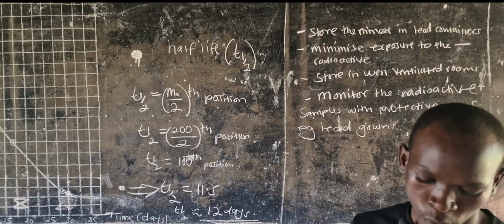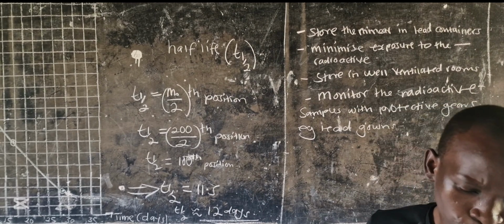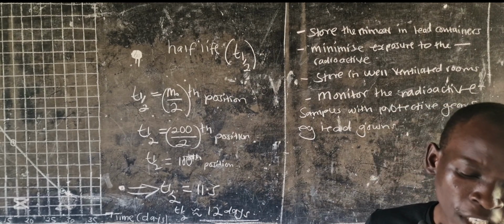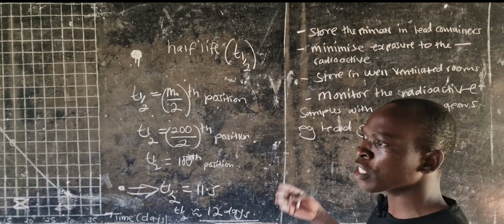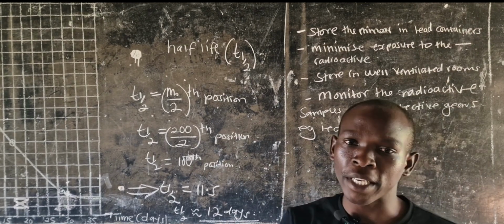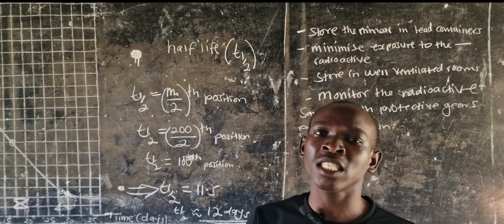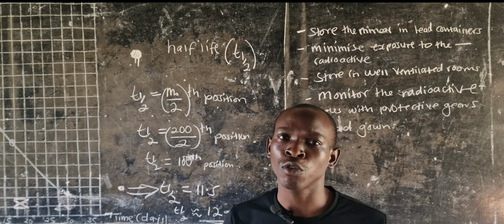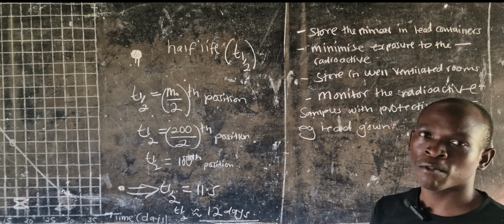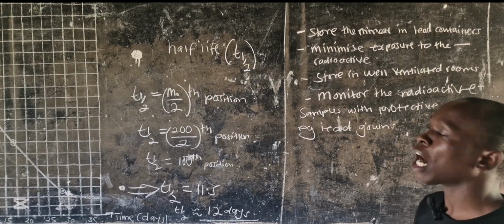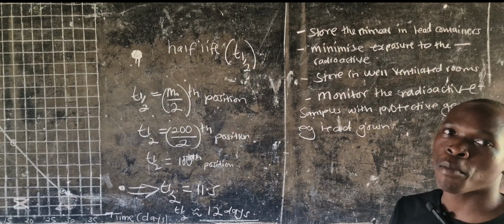Then part C of the question: what are the dangers of exposing this mineral to the public? They want us to give dangers of exposing this rare mineral to the public. So we have seen that it is very crucial to store it very safely and away from reach of people.